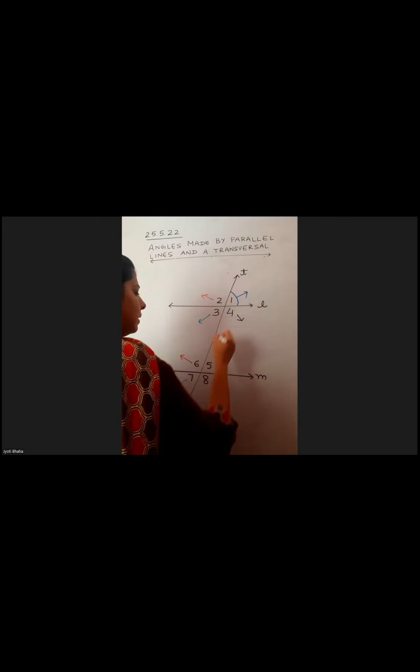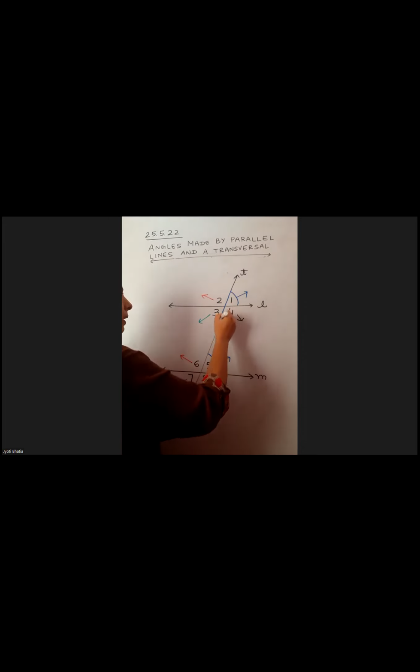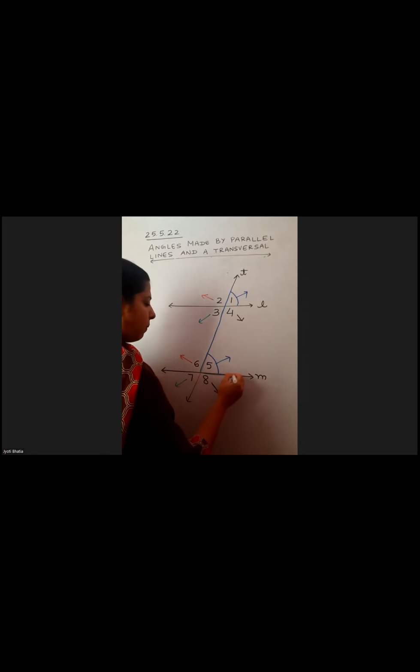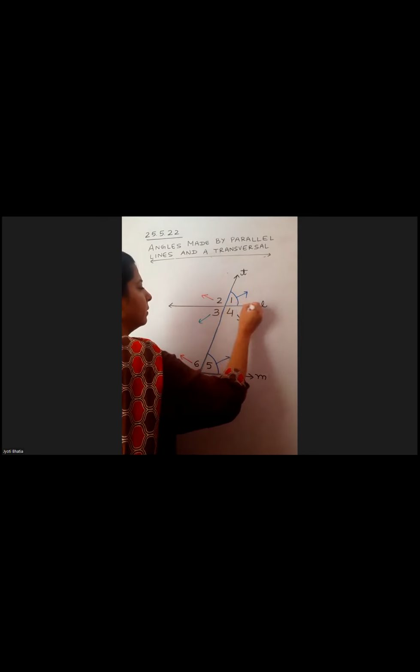Acha, interesting thing. Can you figure out the shape being made? These angles, they are equal. Which alphabet of English is being made here? Reversed F. So if you make a reversed F, these two angles are called corresponding angles.